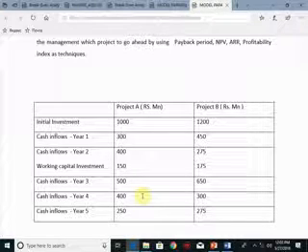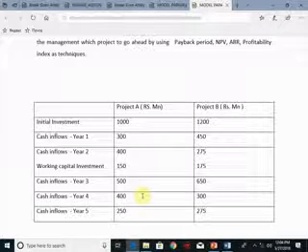Project A, years 0, 1, 2, 3, 4, 5. Cash flows: 1000 thousand, 300, 400. In the second year, remember there is a working capital investment you also have to consider.